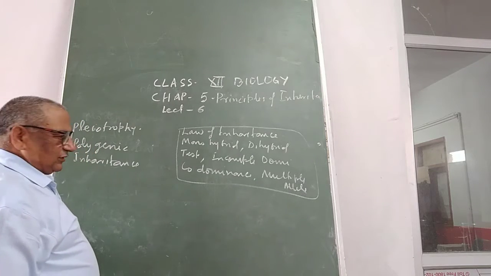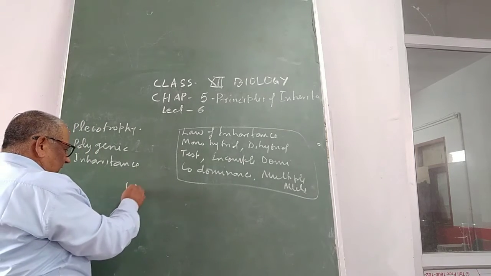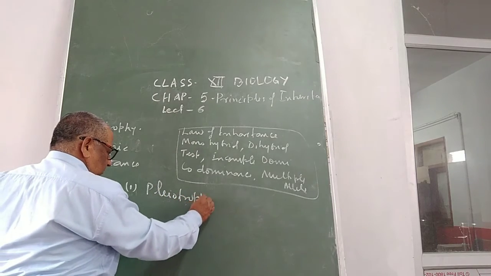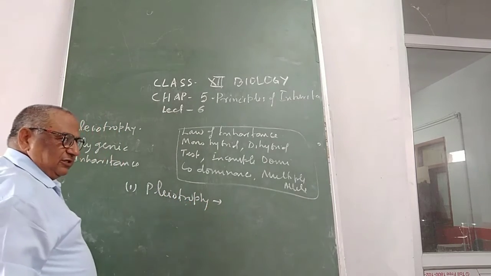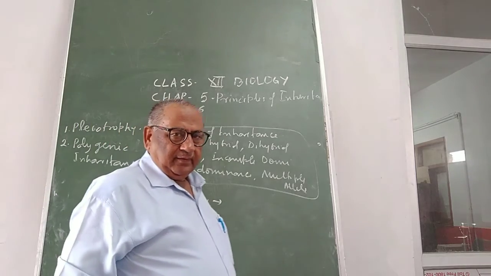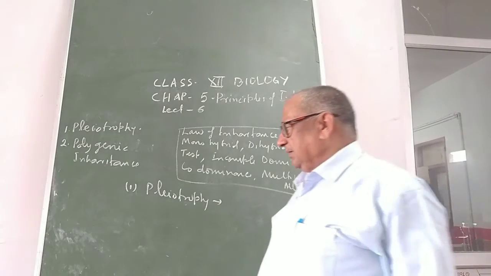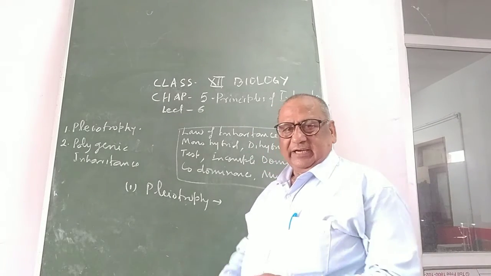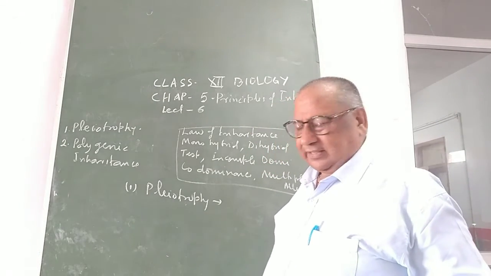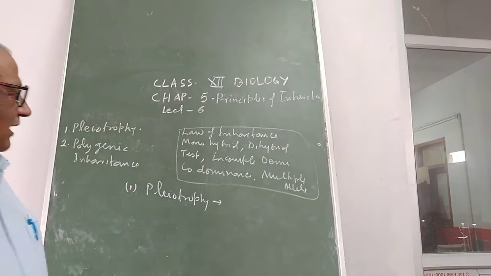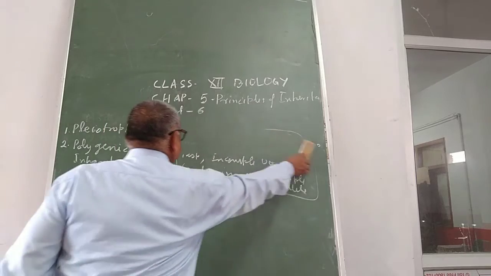Now we are going to start a new topic, pleiotropy. Pleiotropy is one of the phenomena in which one gene can control more than one character. Now here we already remember the other patterns of inheritance.